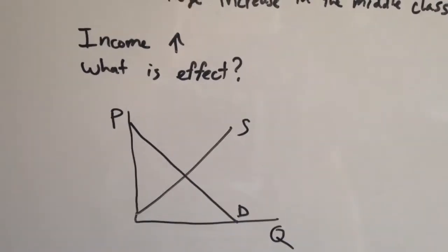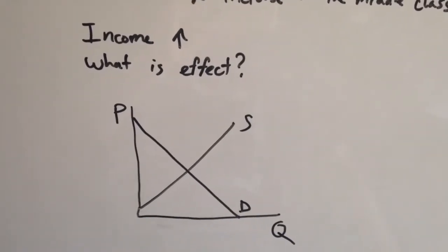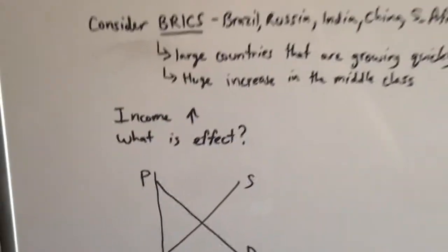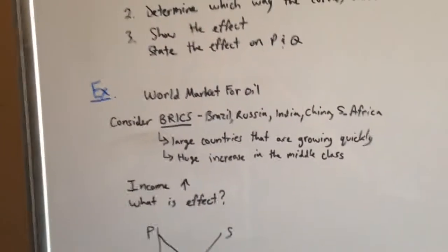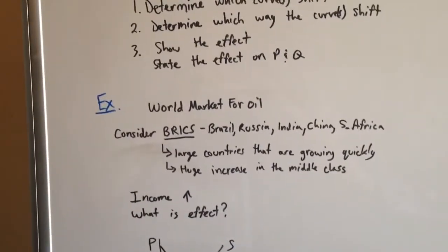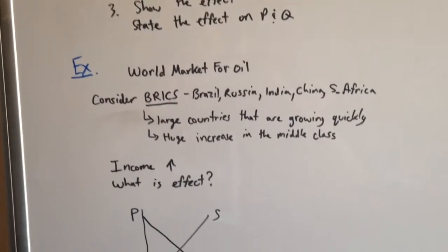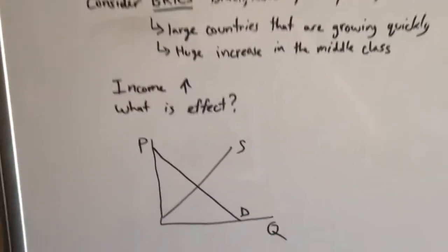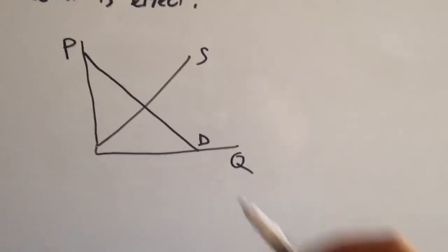So we know that income is a determinant of demand, and it's a positive variable. So since income is increasing, the demand curve will be affected, and that will shift to the right.